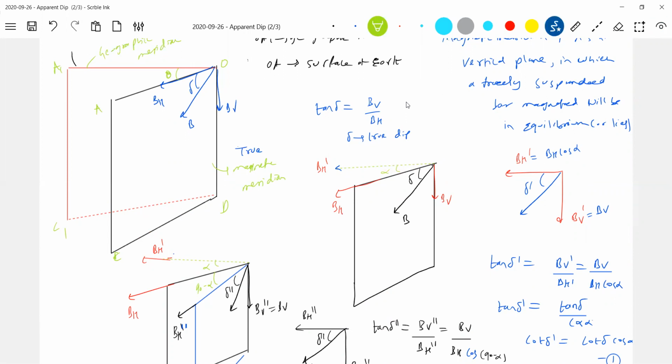If you want, I'll make it solid. Small trick: if you can understand it, it's over. So the true magnetic meridian is never possible to measure.